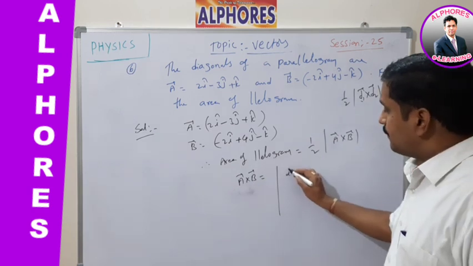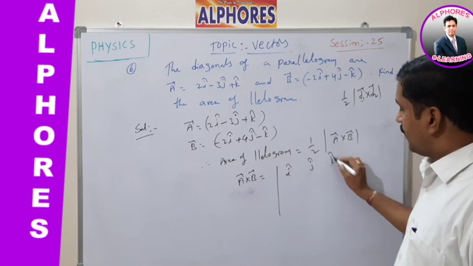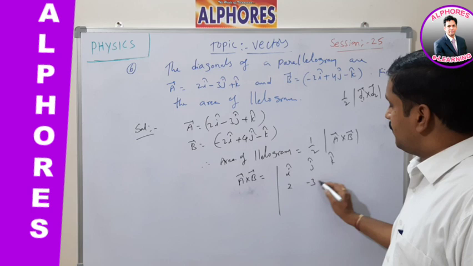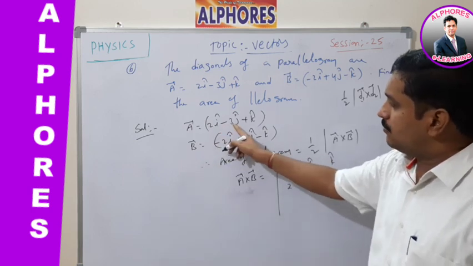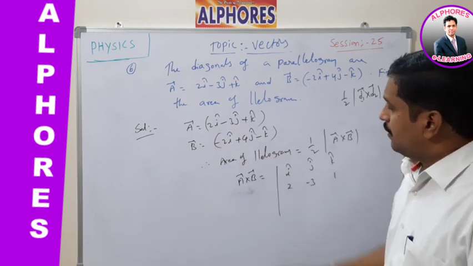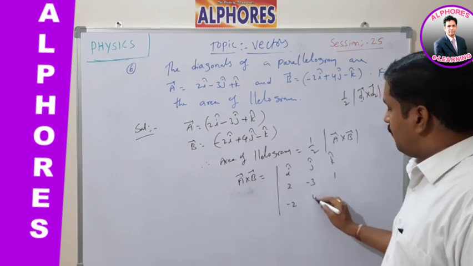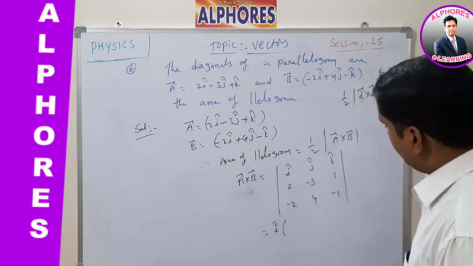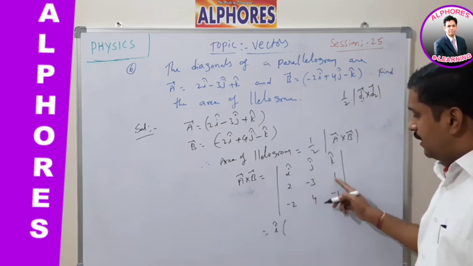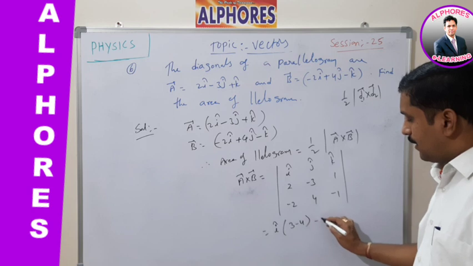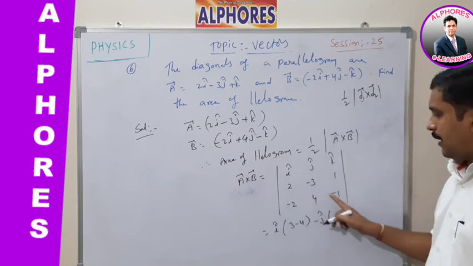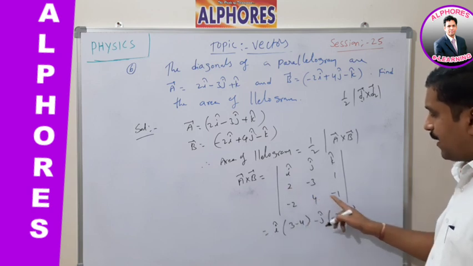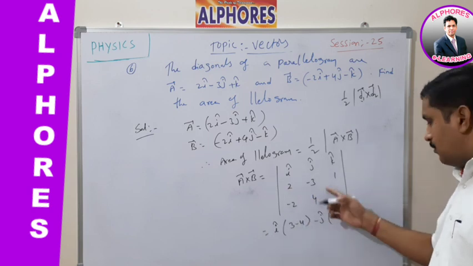Writing i cap, j cap, k cap: the first row is 2, -3, 1, and the second row is -2, 4, -1. The i cap component: -3 into -1 is 3, then 3 minus 4. Then minus j cap into 2 into -1 is -2, minus of -2 means plus 2.